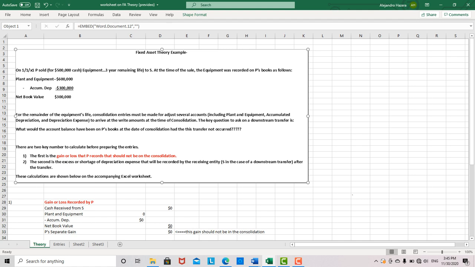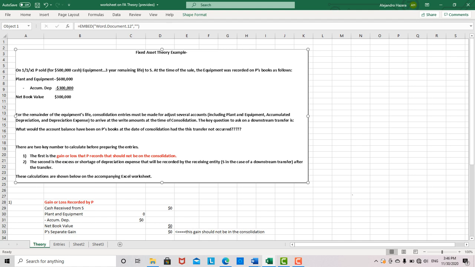Okay, and I'm just going to go ahead and go through an example, and then you do the theory that way. Okay, so let's say this is a downstream transfer, and let's say that on 11x1, here's all the text. P sells a piece of equipment for $500,000 to S. The equipment was sold for $500,000 cash, and it has 3-year remaining life.